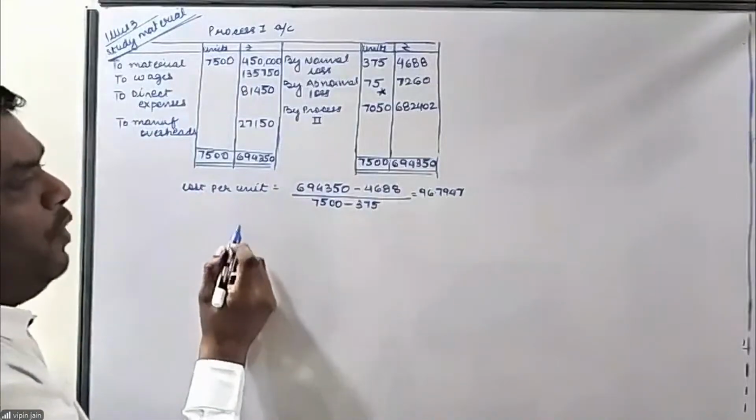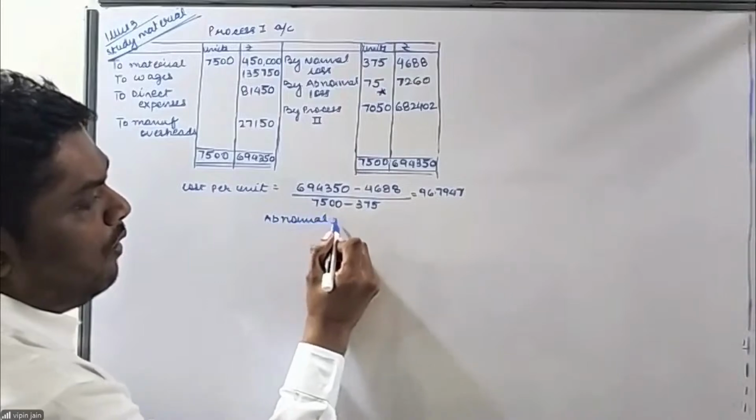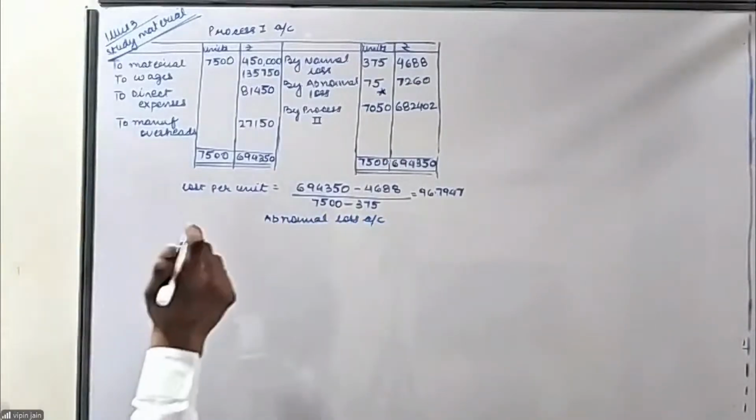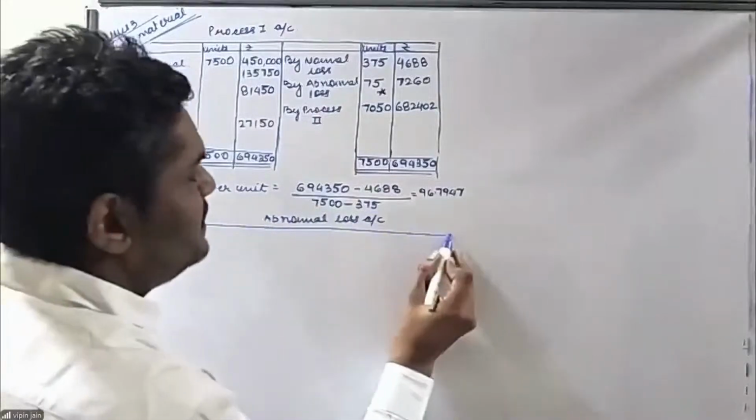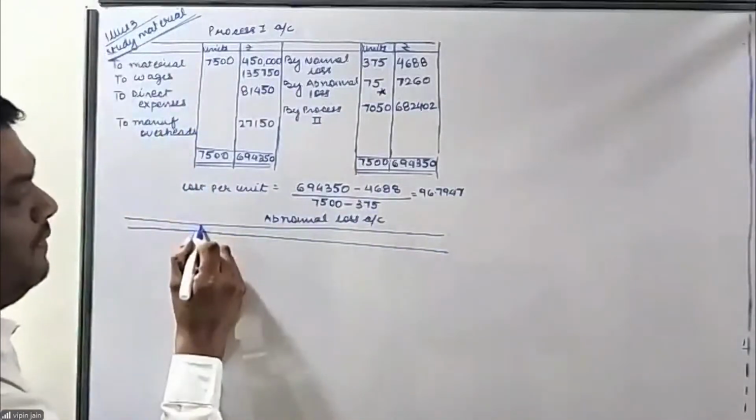Now let's prepare abnormal loss account also. As I said, this question is a revision of what we have discussed till now. So I'll be covering each and every point in detail.